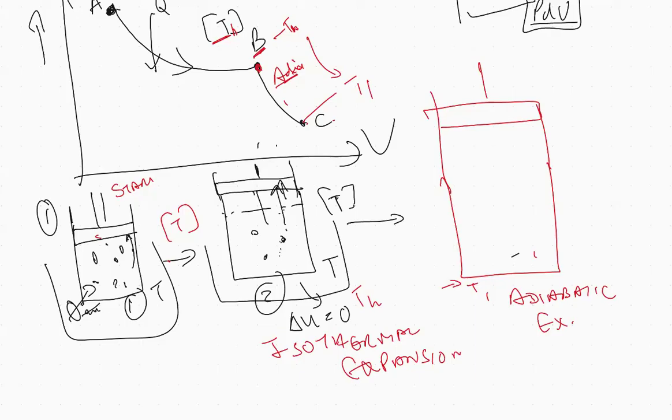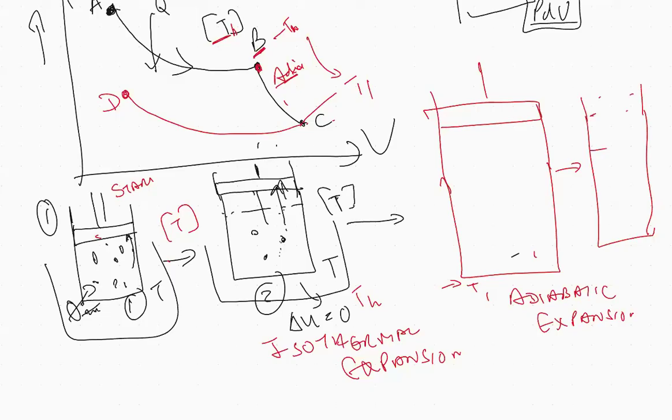Then we are going the same way upward somewhere here. We'll say D. Now it is going to start compressing. So if I draw this one here, the starting point was here. Now we are pressing it and bringing down, and at this point Q goes out.